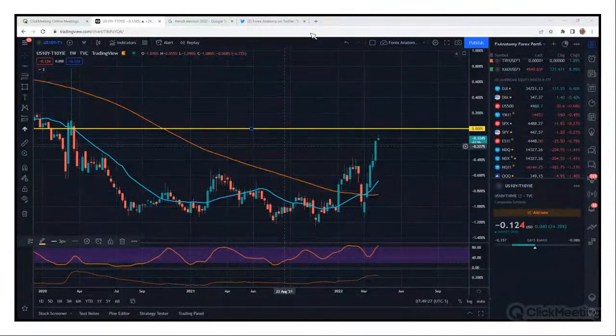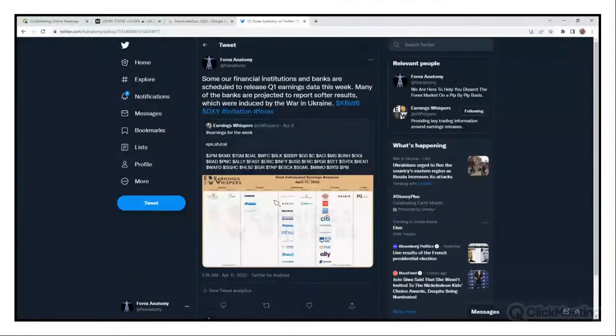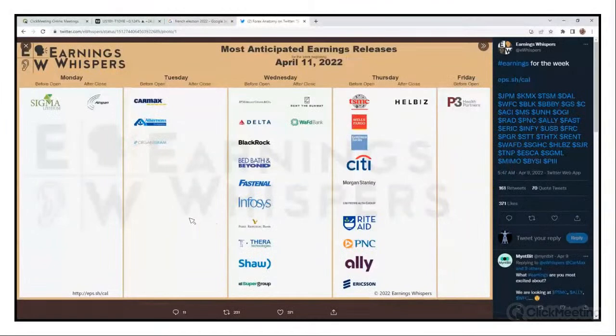But this is earnings season. I want to point this out because we do have major banks and financial institutions that will be releasing their earnings data. Markets are going to be following that, because they haven't been doing quite well since the start of the war. We've been seeing these banking stocks sell off, even though we're in a rising interest rate environment where they usually benefit.